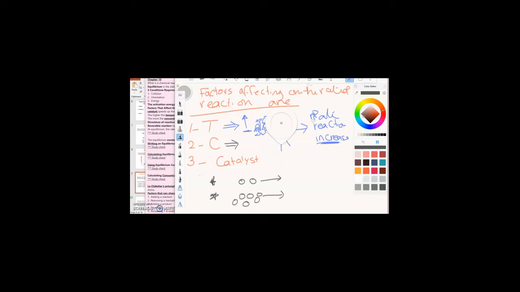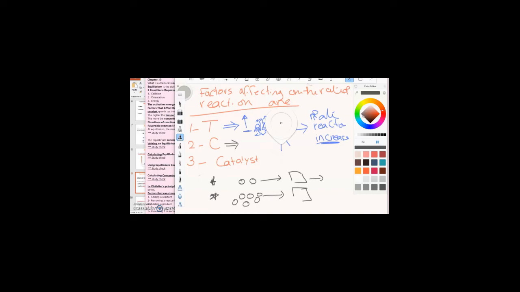So what will happen is here both reactions will go on, but this one, the probability of collision is very low. So the amount of the product will be low, and the rate of the reaction will be low as well. But when you increase the number of the reactant molecules, which means the concentration of the reactants, you have in the test tube lots of molecules of the reactants, so they will bump into each other more.